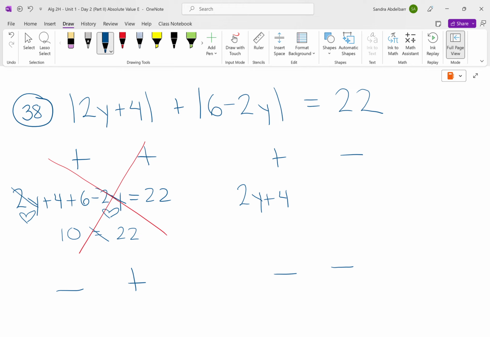The next one is saying keep my first one positive, 2y plus 4. But now negate the second one. How do I negate the second one? I do a negative parentheses 6 minus 2y equals 22.